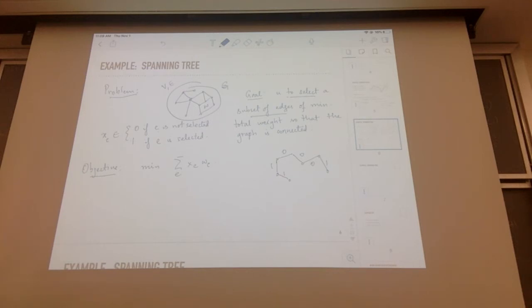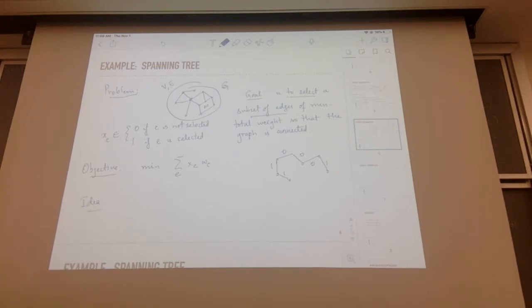One idea is, I know how to enforce a path between S and T, and we saw 3 different ways of doing this. So you could use my path constraints for every S and every T.